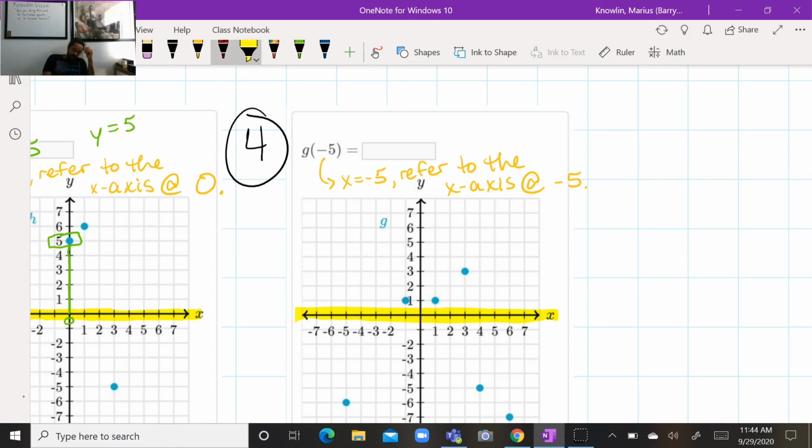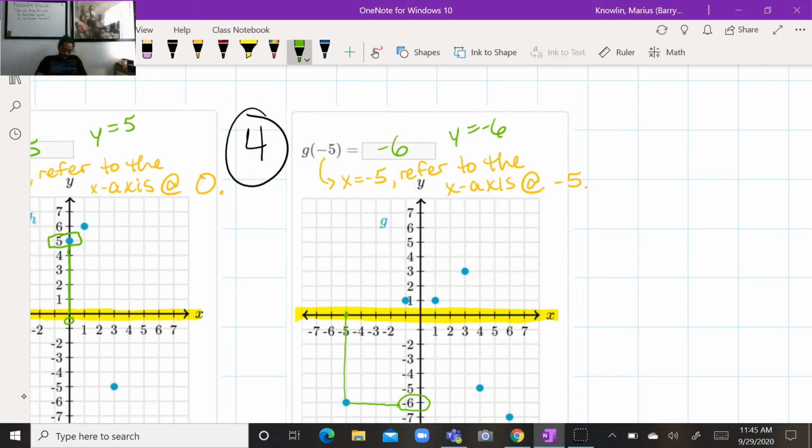We're going to find -5, which is right here. And I don't have a dot above it, but I have a point below it. I'm going to go down to that point, which is right here. And I need to see where it intersects, which is at -6. So when x is -5, y is equal to -6.